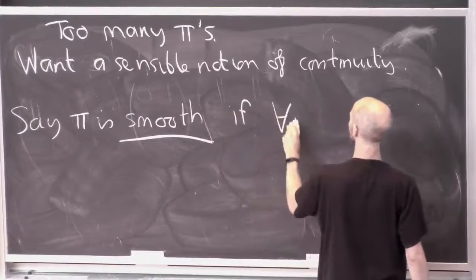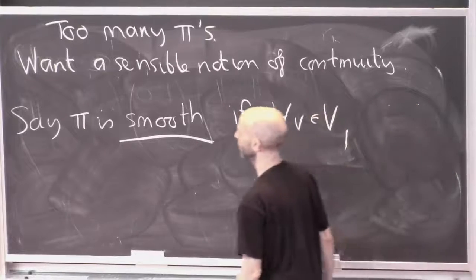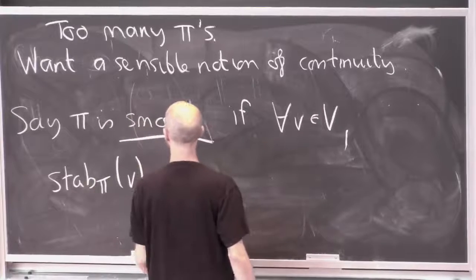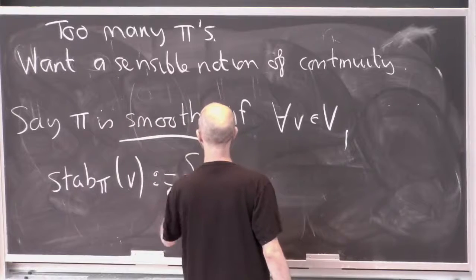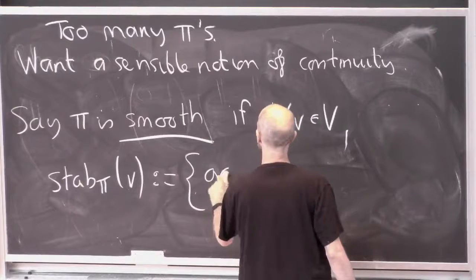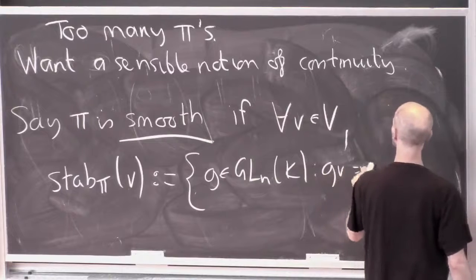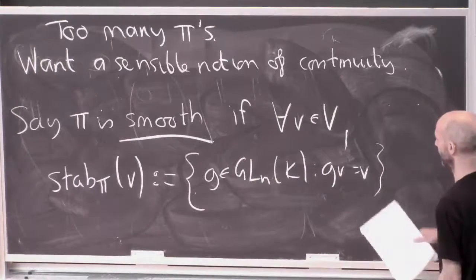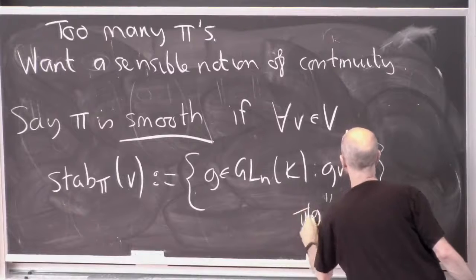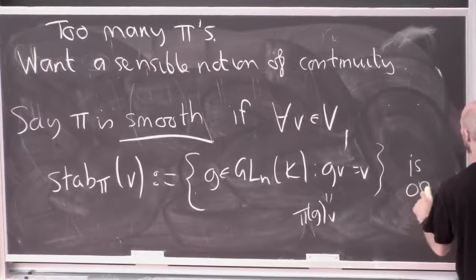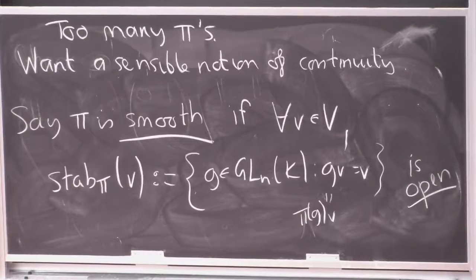If for all little v in V, the stabilizer of v, which is by definition the g in GL_n of K such that g v = v, by which I obviously mean pi of g of v is v. If for all v in V, the stabilizer is open. Right?